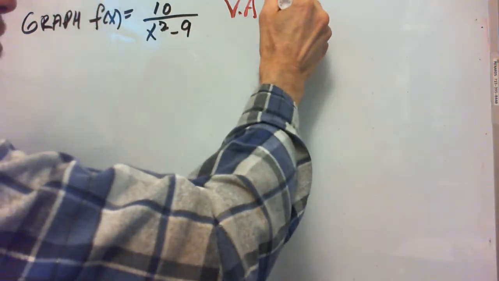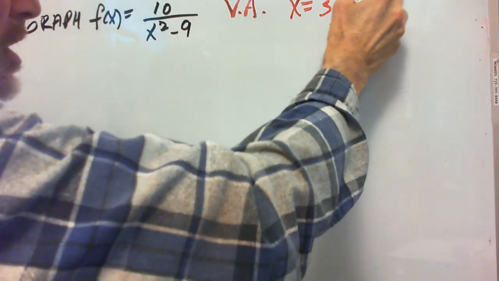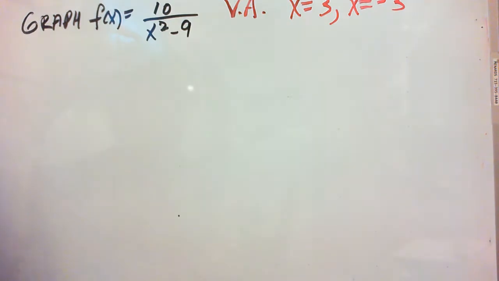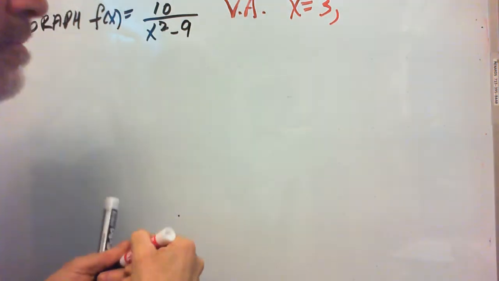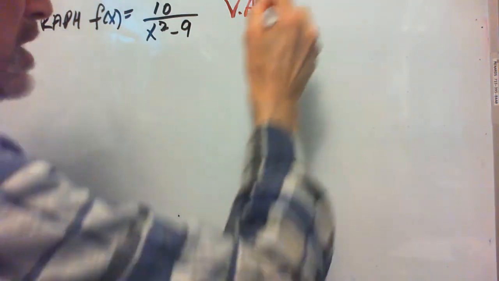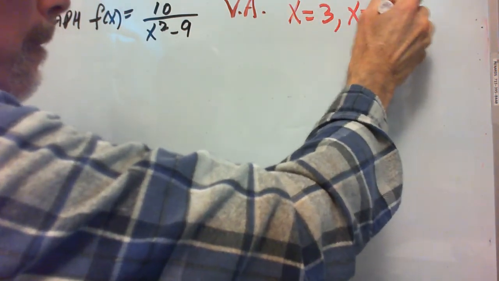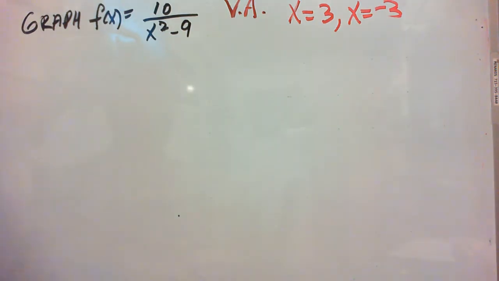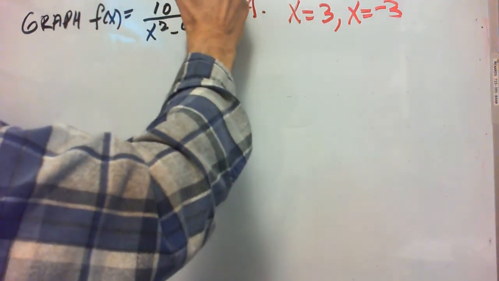So there's 2 vertical asymptotes, x equals 3 and also x equals negative 3. And I'll put these so you can see them. There. So 2 vertical asymptotes. The degree of the numerator is 0. There is no x.